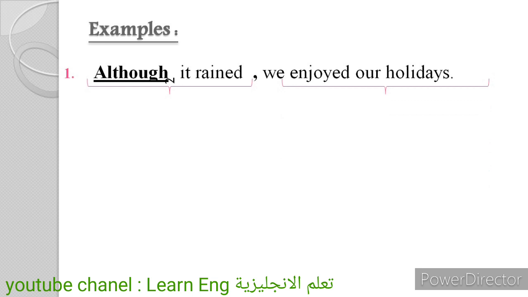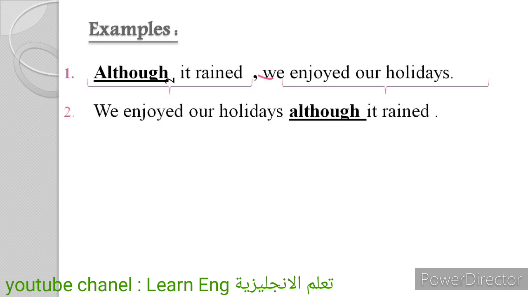Okay, our holidays. So we can start the sentence with the second clause. Here we will reverse, because we can start the sentence with the second clause. We enjoyed our holidays although it rained. What is the difference between the first sentence and the second sentence?